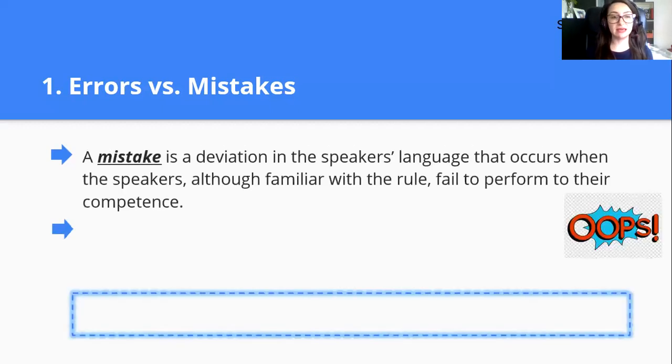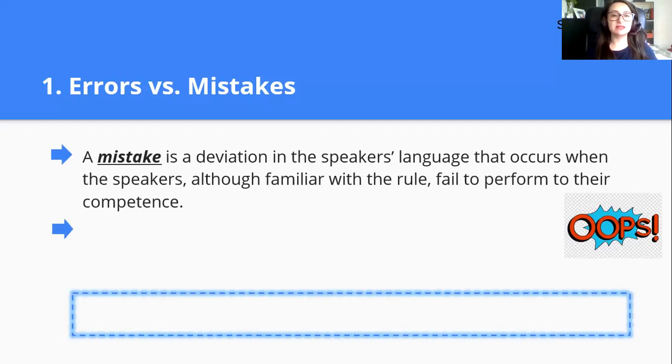On the contrary, a mistake is a deviation in a speaker's language that occurs when the speakers, although familiar with the rule, just fail to perform to their competence. This means that you have previously taught a certain grammar structure or construction, but due to some external or non-linguistic factors, students make mistakes.